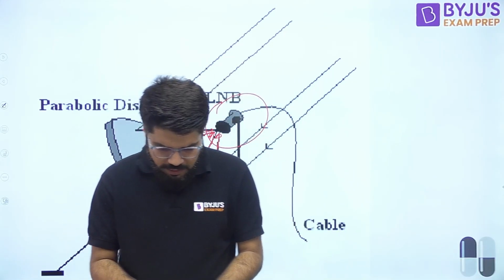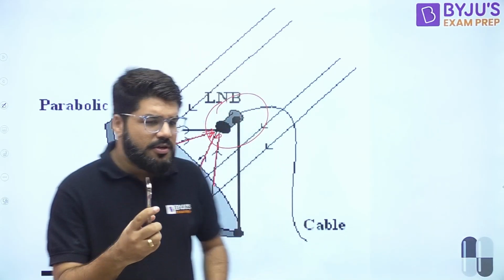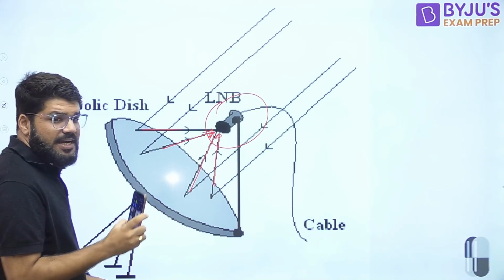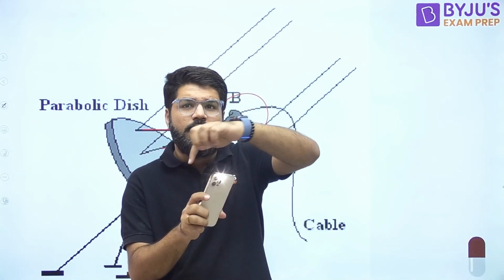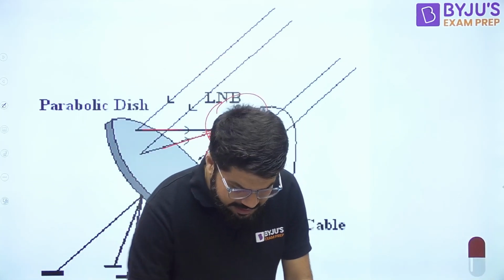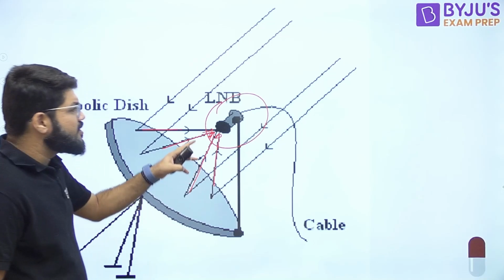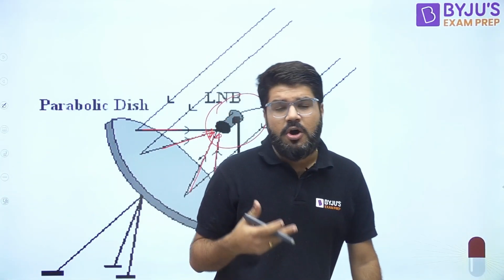So I don't have the torch right now, but if I just turn on the torch of my mobile, when you turn on any particular torch, it is sending out a directed beam of light, right? It is not radiating all around it, but it is only sending a specific beam of light. So that is why these days we don't use the dipole antennas, we use the horn antennas, as I have shown you already, the LNBF, which is a horn antenna.